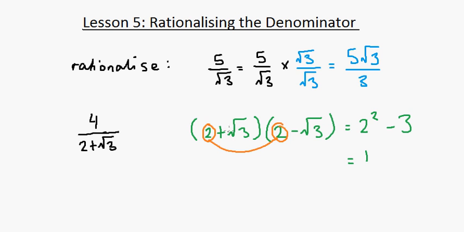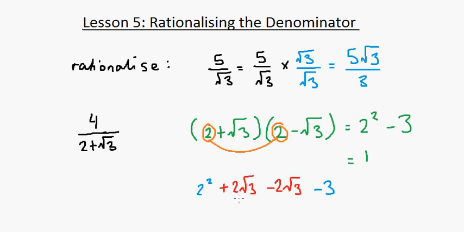It is because when we expand this like we usually expand, we get 2 squared, plus 2 root 3 minus 2 root 3, and then we're back to minus 3.